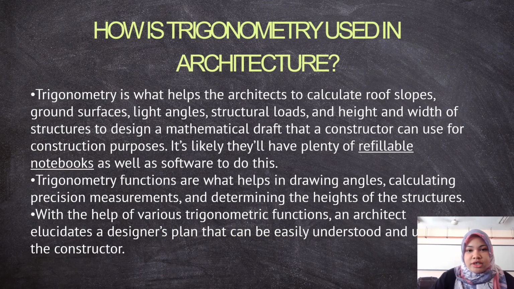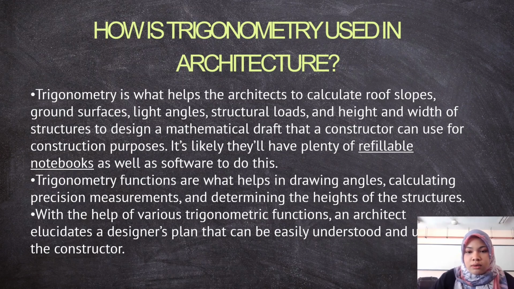How is trigonometry used in architecture? Trigonometry is what helps the architect to calculate roof slope, ground surface, line angle, structure, load, and the height and width of the structure to design a mathematical draft that a constructor can use for construction purposes. It's likely they will have plenty of refillable notebooks as well as software to do this.